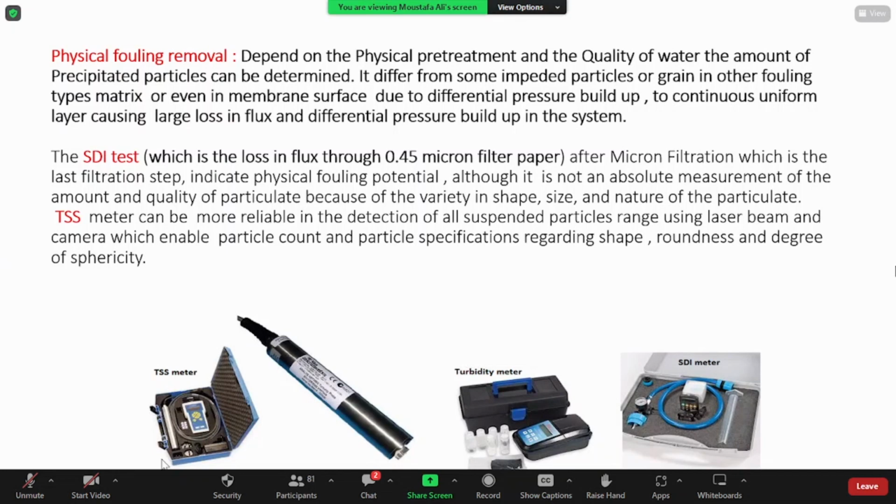Some of the devices use an optical sensor by laser, which can measure the particle shape and make a complete inventory of the particle size ranges, for example, between 5 nanometer till 20 nanometer till 40 nanometer and so on. So it can give a very good estimation for the dominant particle size in the system.